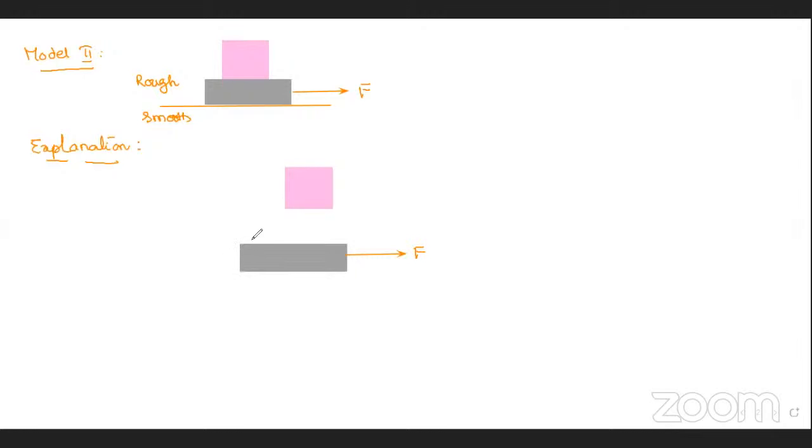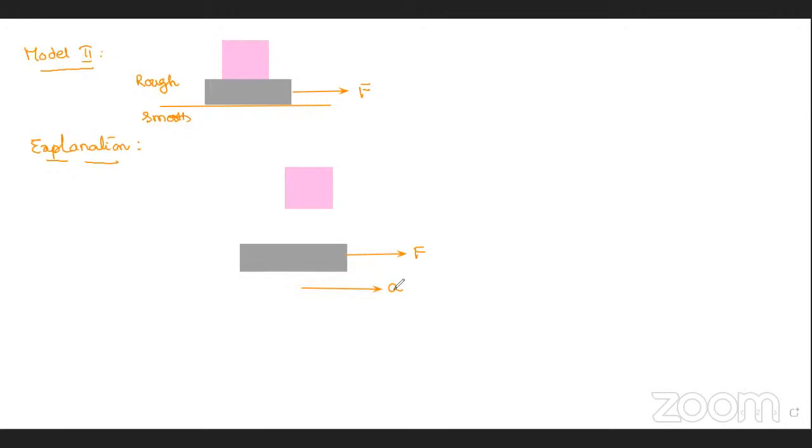In case of a bus, the suitcase moves back to the back seat. Same, that pseudo concept. Here, suppose I pull forward, the lower surface is smooth. Surely it tries to move with some acceleration, no doubt. Why? Because there is no opposing force at this surface.